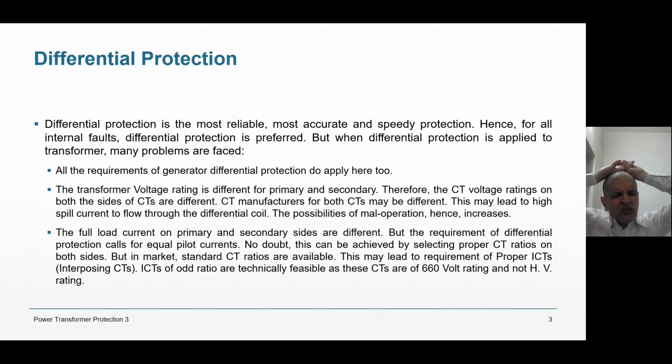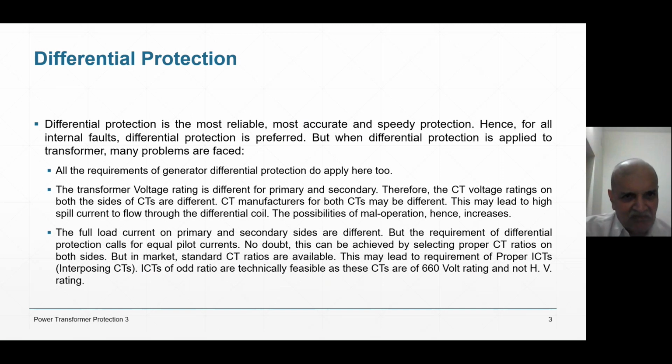It is a 660 volt CT. It is not for high voltage. You see, we have come to secondary. So it is a CT which can be easily manufactured. It is very cheap also. And you change the ratio to 1 is to 1.4 or 1 is to 1.6 or whatever as per requirement, so that finally pilot currents are equal.